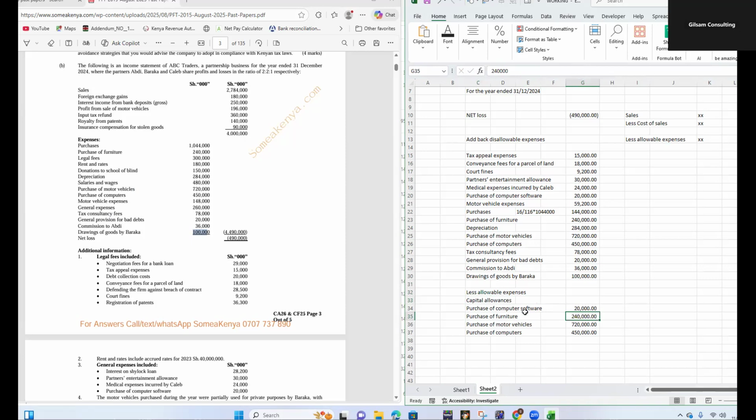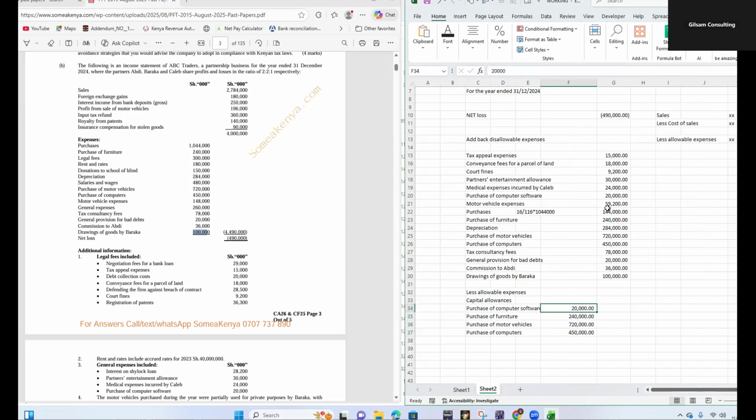For the capital allowance, we are charging 25% because they are in class 2, so we multiply by 25%. Furniture, class 1, I will charge 10%. Some of it the examiner has given you.